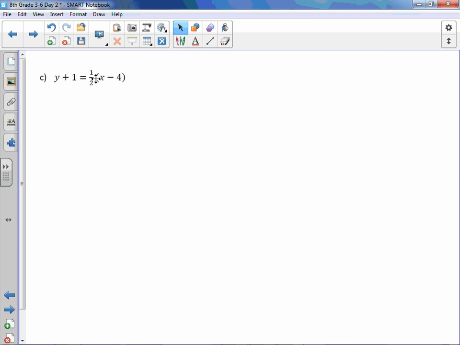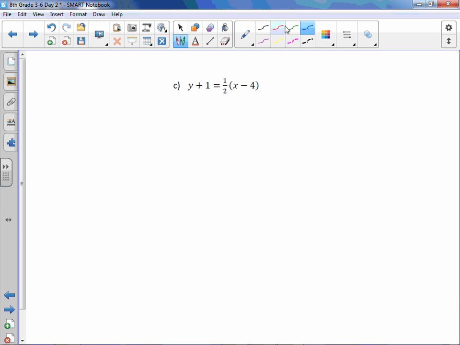Letter C. The first step is to distribute that 1/2. So I have 1/2 x minus 2. And bring down the y plus 1 equals. Now here again, the x term is positive, so I'm not going to move it.